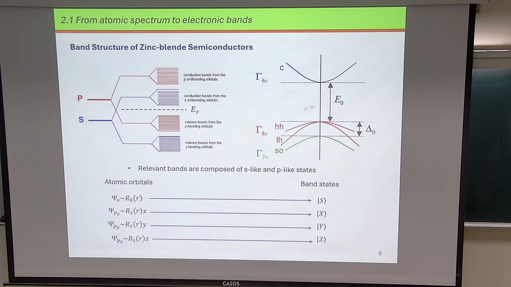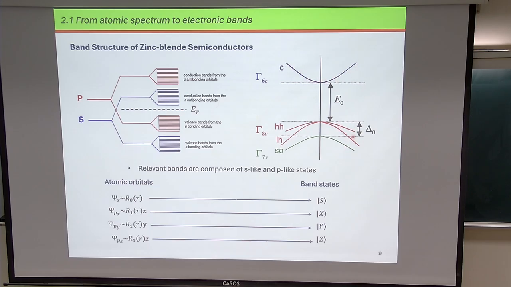This is the band structure of this zinc blende semiconductor. You have a conduction band, which is typically called gamma 6C. The origin of this labeling is just from symmetry, so it's not relevant for what I'm going to talk about. Here you have the conduction electrons, and here the valence band.